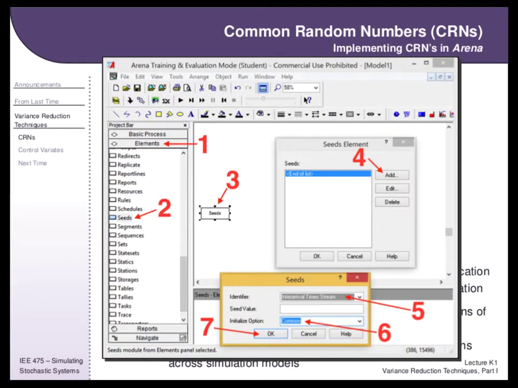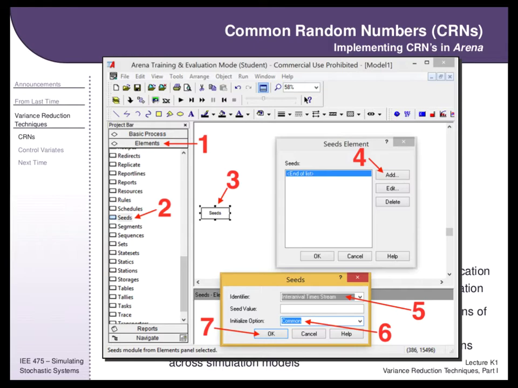So if you want to use this method in ARENA, if you drill back into your minds to when we talked about random number generation, I said there's a seeds block inside the elements block, which you can use even if you're not using any other elements from the elements blocks. If you drill into that, you can then add your own stream. And then in that stream, you can name it, or you can use one of the standard numbers, like 10 is the default one.